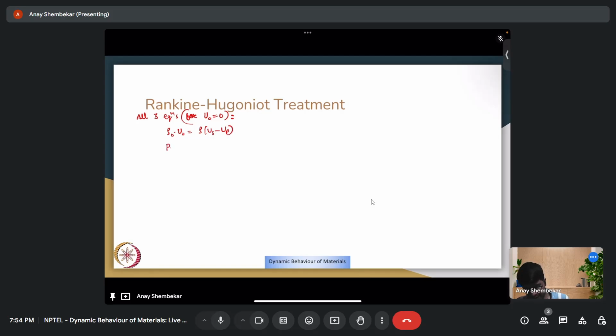Conservation of momentum gives us P minus P naught is rho naught US UP. And finally, you have conservation of energy again: P into UP is equal to rho naught US, sorry, rho naught US into half UP square plus E1 minus E naught.